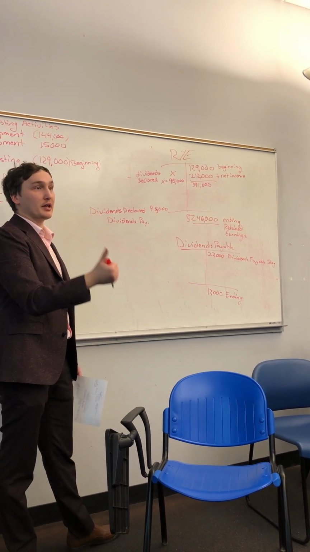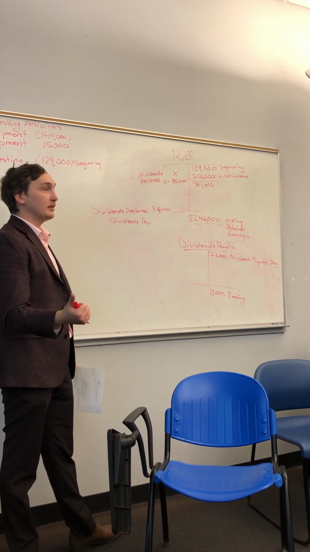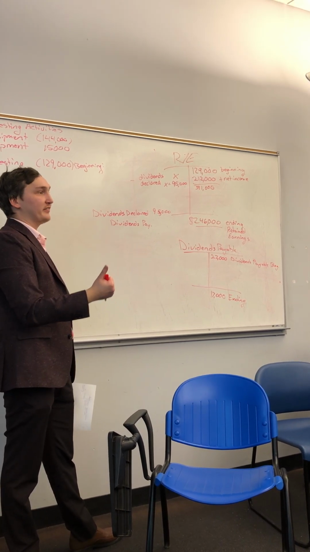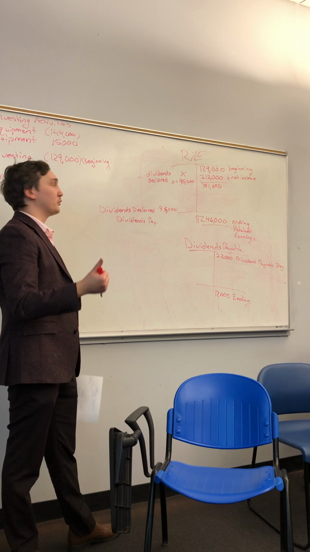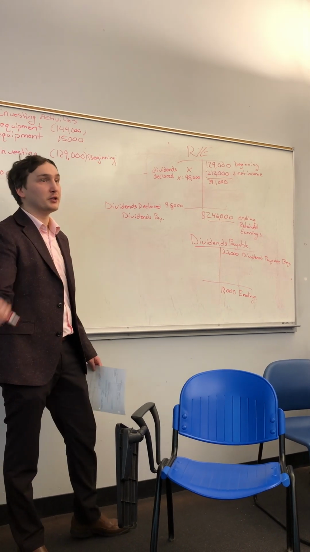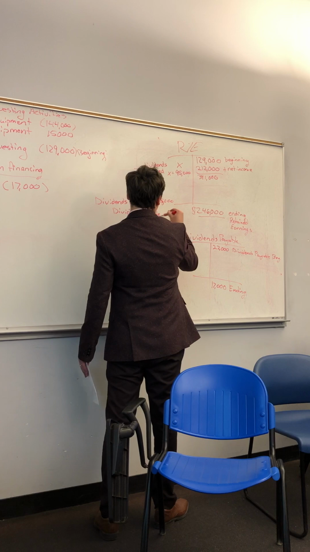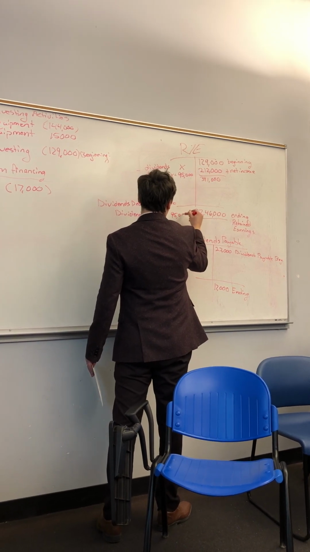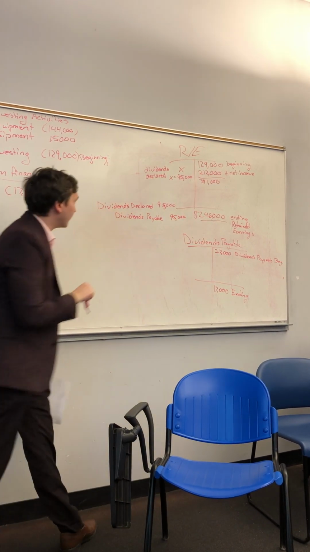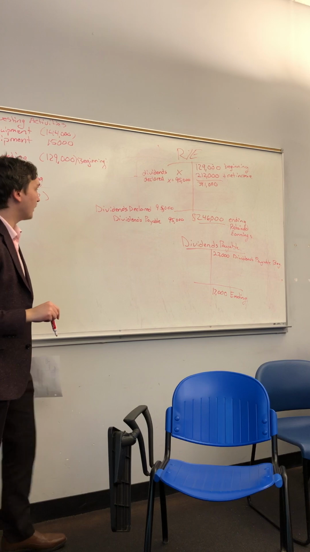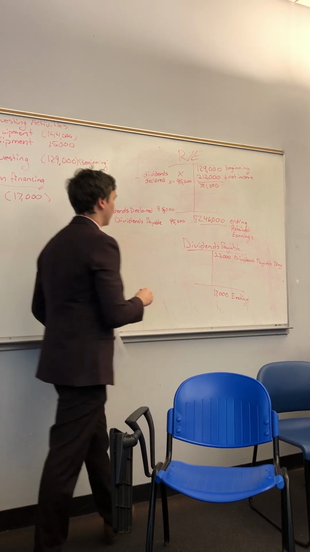Once declared, the company is legally obligated to pay it, usually a few weeks later. So our dividends payable liability is increasing. We credit dividends payable by $95,000.